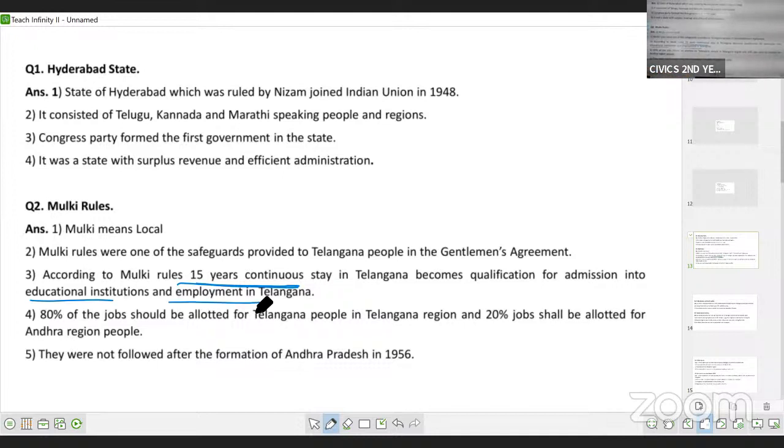That was the Mulki rule. And according to the Mulki rule, 80% of the... region, so that the Telangana region is not neglected. Injustice is not done to the people of Telangana.